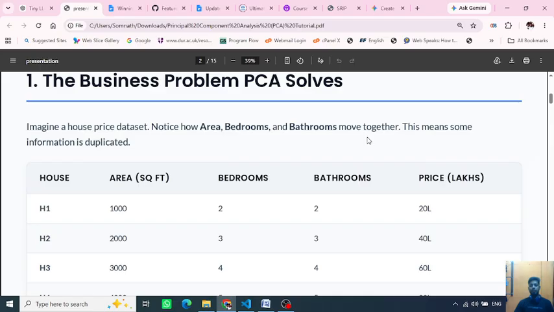This means some information is duplicate, you can say redundant. If we take care of the area, then we don't need both bedroom and bathroom, right? If area increases, obviously the bathroom and bedroom also increase in many scenarios.